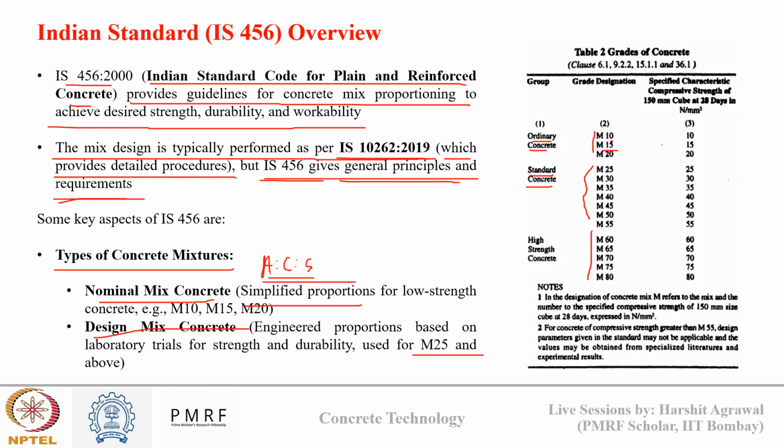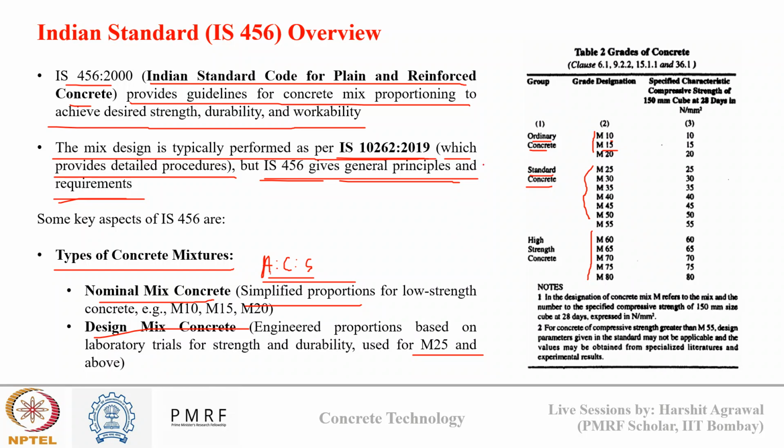The second point says for high strength concrete, that is greater than M55, the proportioning shall be done based on past literature, like from people who have previously done the proportioning and published an article. Using those previous literatures and experimental trials, we generally design for high strength concrete.